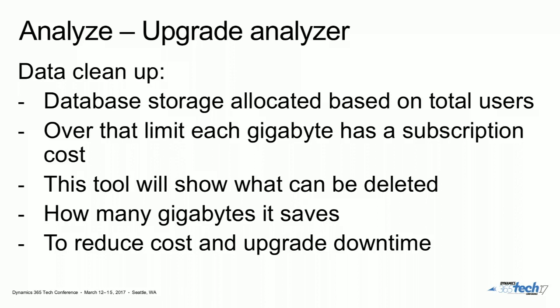And secondly, it's not giving you a dollar amount, because the dollar amount varies depending on the type of contract you have; how you bought the product can change the cost. But the size amount stays the same. So effectively, if you're a customer, you would take that size amount, and when you're in the sales process and you find out what the storage add-ons cost for your particular situation, then you know either what you would save or what you have to pay extra if you don't do it.